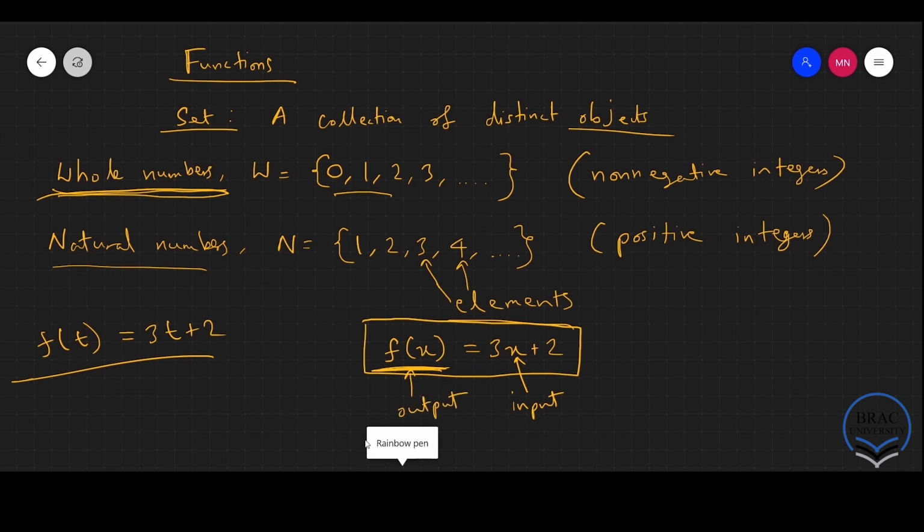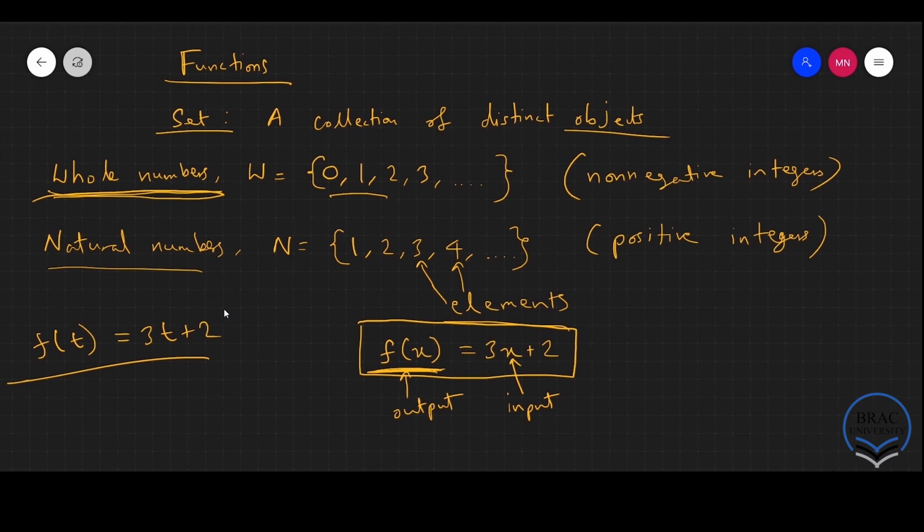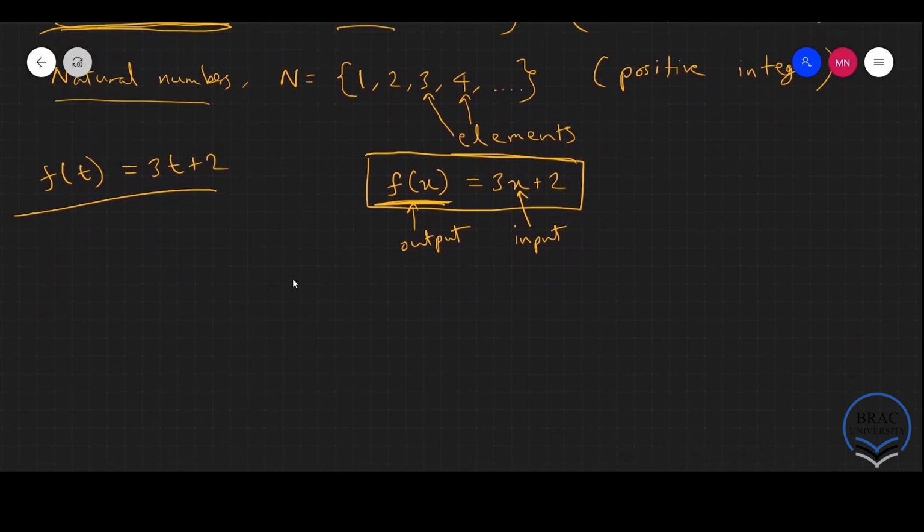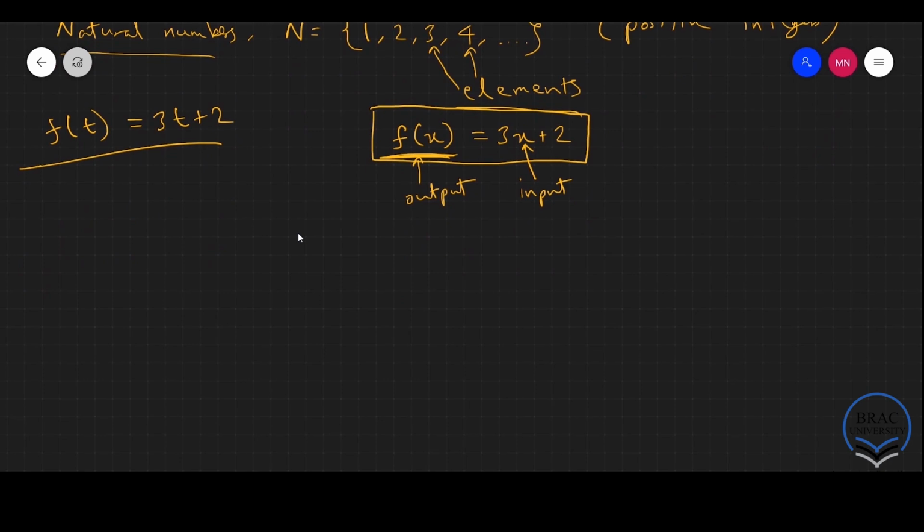Now, according to the definition of a function, each input can only correspond to a single output, right? So if we have only one value of x, we can only get a corresponding single value of y. So say we have x is equal to 2, right? Then in this case, f of 2 is equal to 3 times 2 plus 2.